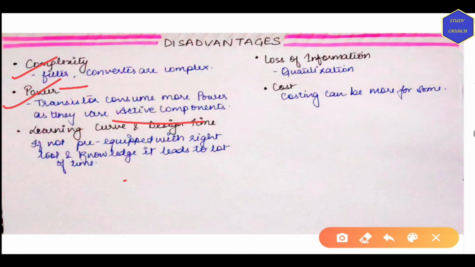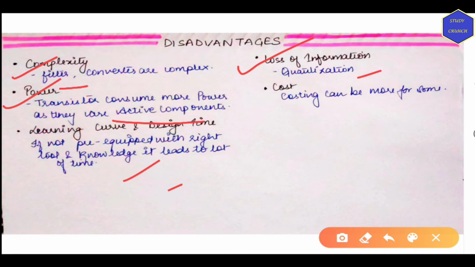Then, if we are not pre-equipped with the knowledge of DSP system, that is how any software will work, then it can be time consuming. Then we have loss of information during the quantization time, that is when you are converting analog to digital signal, right? In control systems you might have heard about the word quantization.